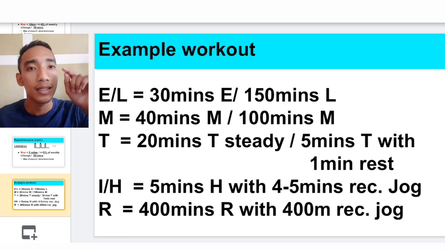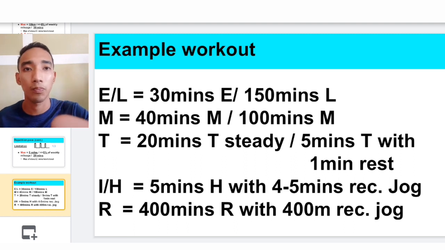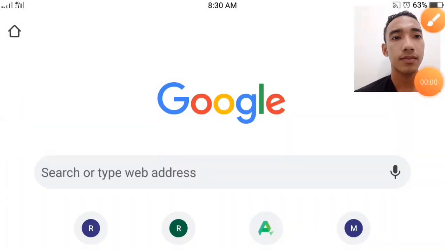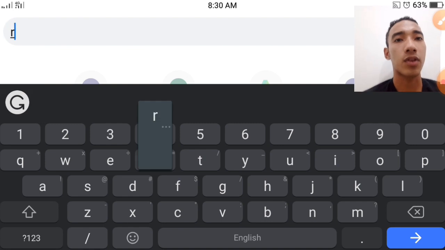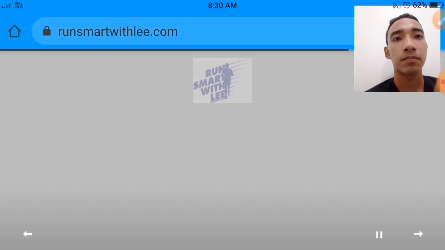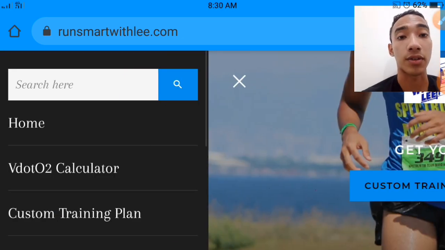And by the way, I almost forgot, I will show you how to calculate your own training paces. So let's go. All we have to do is go into our browser and type in runsmartwithlee.com, and in my website menu you can see the VDOT calculator.